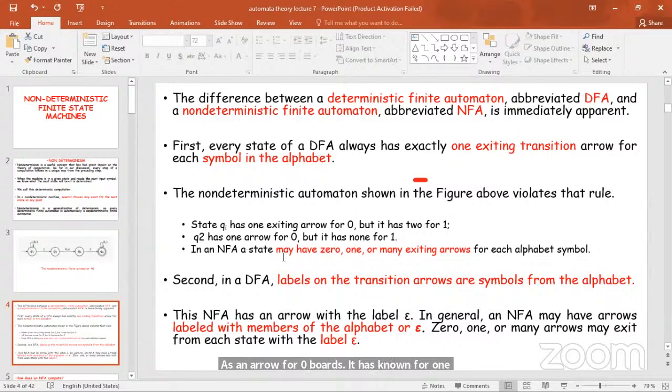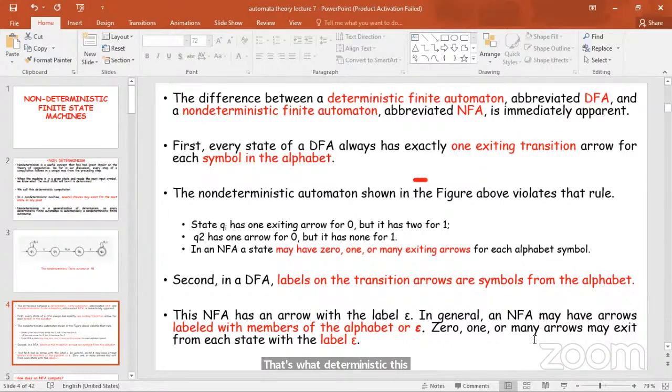Now, in an NFA, a state may have 0, 1, or more exiting arrows for each symbol of the alphabet. Second, in a DFA, labels of the transition arrows are symbols from that alphabet. That's for deterministic. This NFA has an arrow with a label of an empty set.